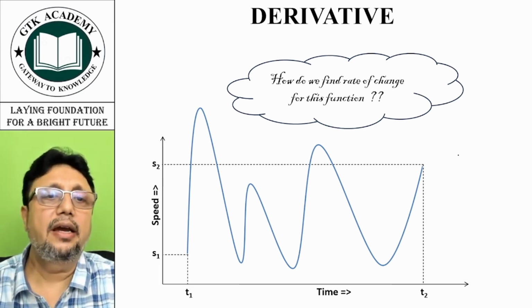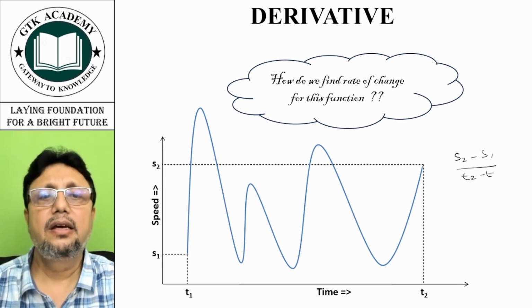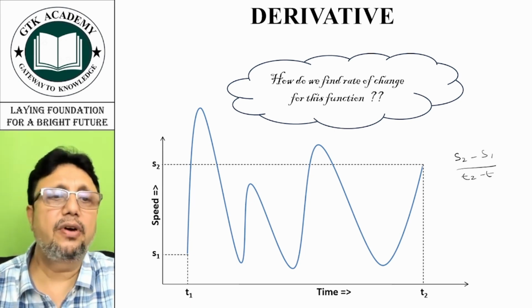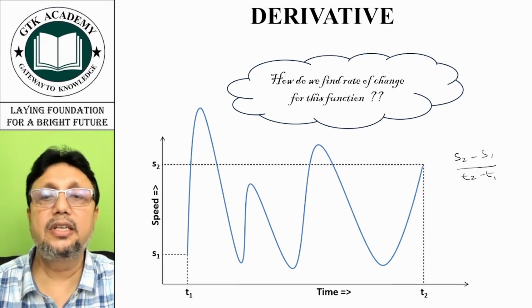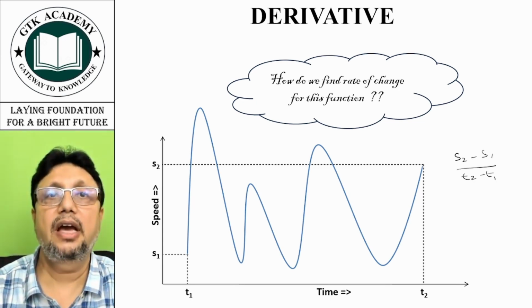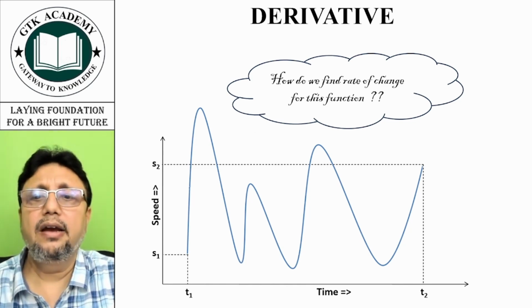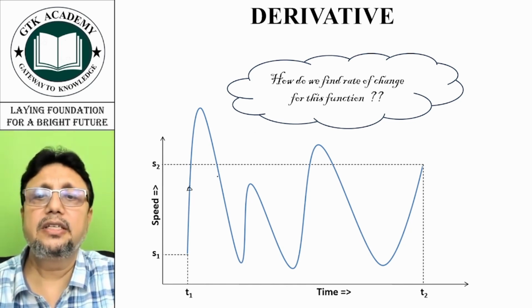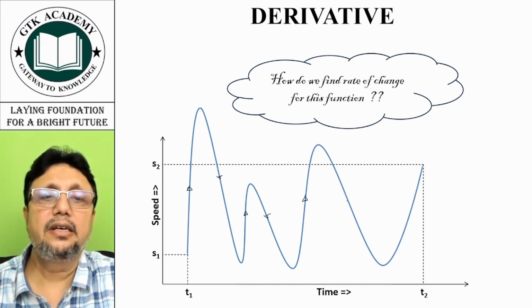If you say (s2 minus s1) upon (t2 minus t1), fine. In t2 minus t1, it has changed by s2 minus s1, but this is an average rate of change. But if you look at the figure, here the speed is increasing, here it is decreasing, here again it is increasing, decreasing, again increasing, decreasing, and increasing.